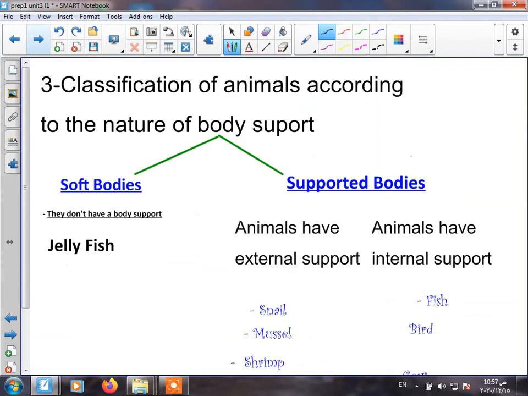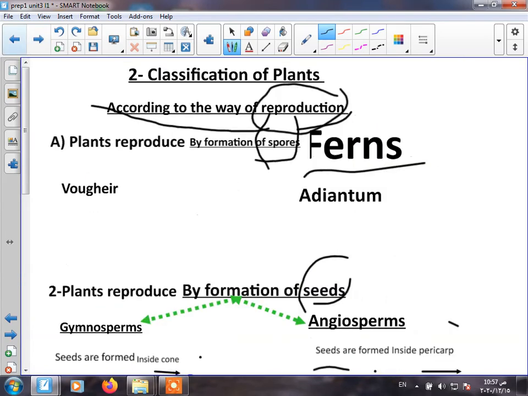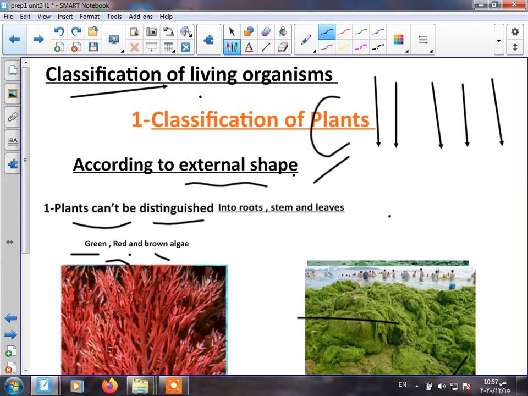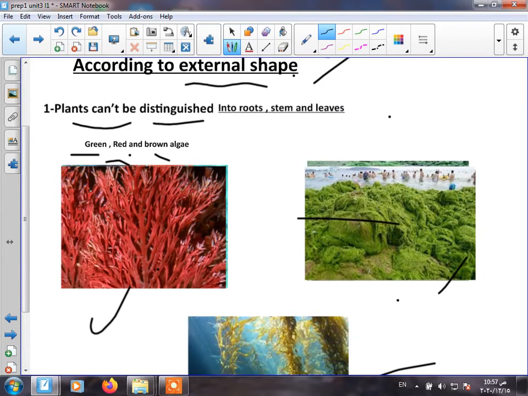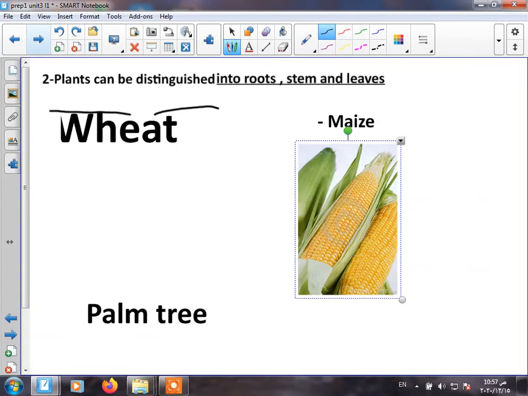Okay, this is all about the classification of plants, according to external shape and the way of reproduction. According to the external shape, plants can be distinguished into those without root, stem and leaves, like the algae, red, green and brown, and other plants that can be distinguished into root, stem and leaves, like maize, wheat and palm tree.